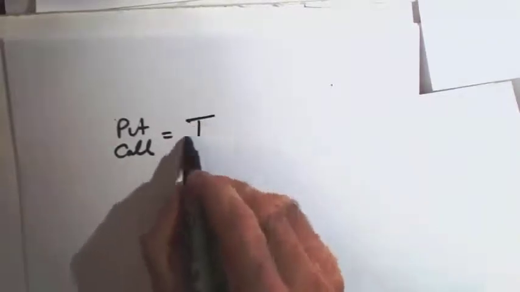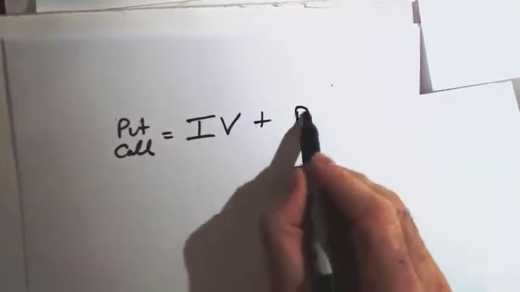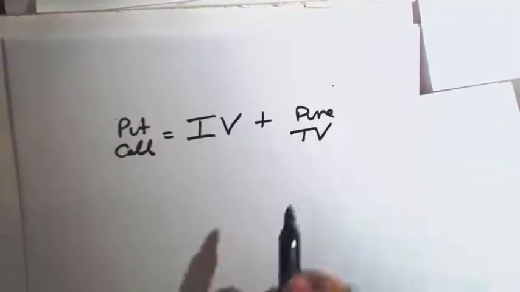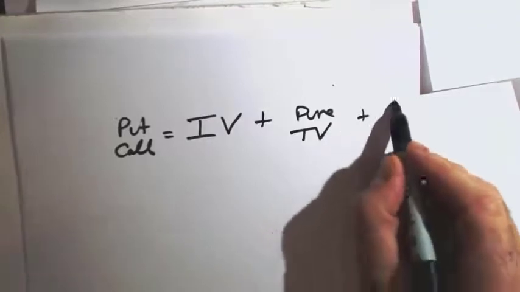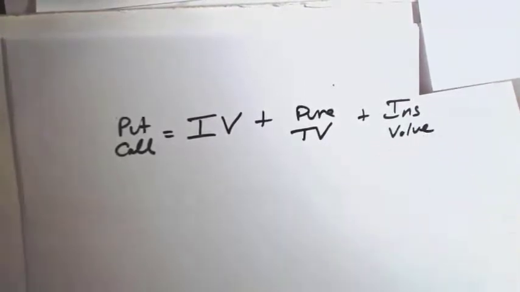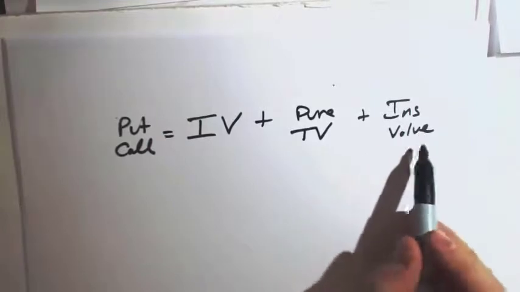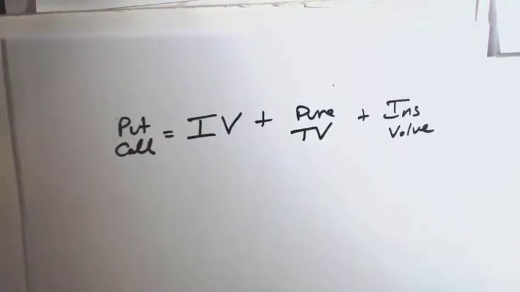So we have a put value, and that equals an intrinsic value, I'll just label it IV, intrinsic value, plus a pure time value, and an insurance/speculative value. I'll call it insurance value, but you can think of it, if you're speculating with the put, as speculative value. And that's driven by the underlying volatility of the option I was talking about a second ago.